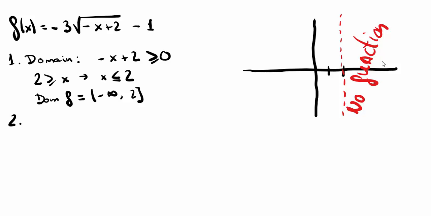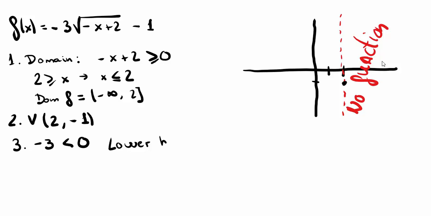Now I have to calculate the vertex. The vertex will be placed at 2, minus 1. So I place this point here. And finally, as minus 3 is lower than 0, I have the lower half of the variable.